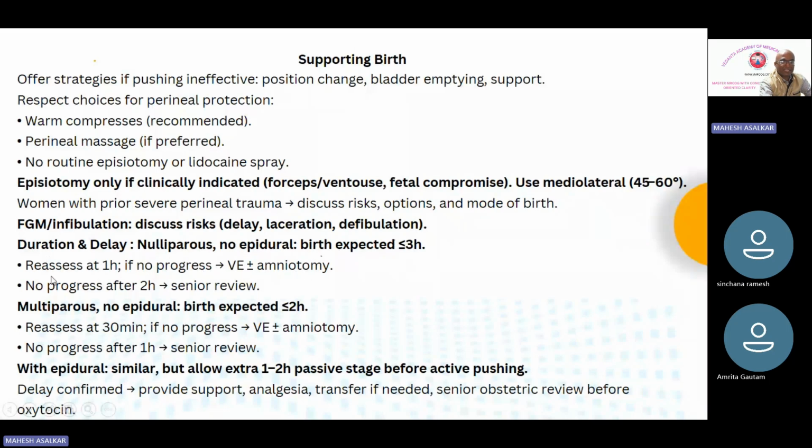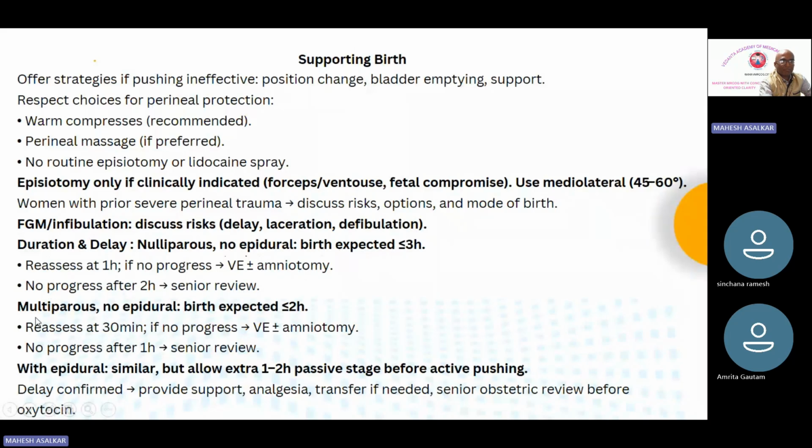Okay, here in the second stage, you have to do the amniotomy after 1 hour. Okay, if no progress after 2 hours, then you have to take the senior review. So for a nulliparous woman, wait a total of 3 hours without epidural. Okay, 1 hour reassessment. If no progress, you will do the vaginal examination plus amniotomy. And if there is no progress after 2 hours, you will get the senior review.